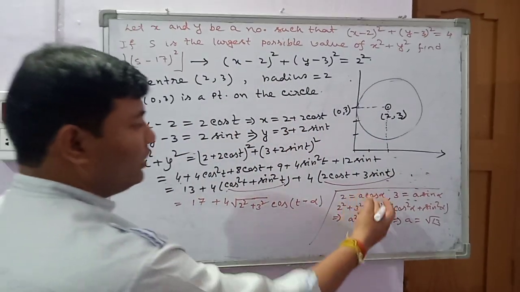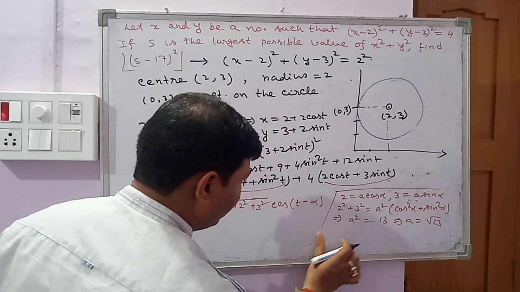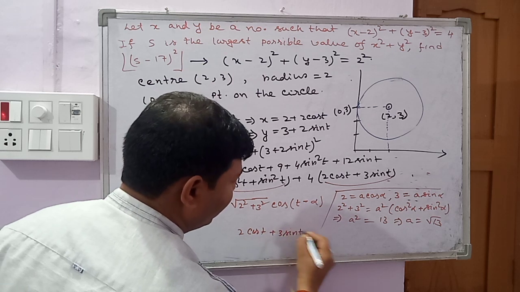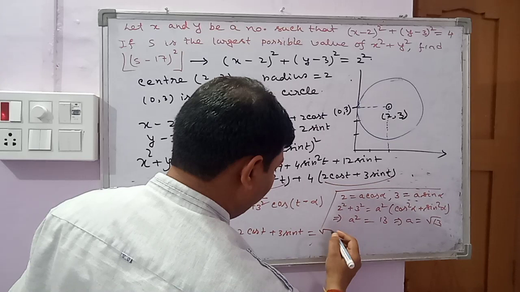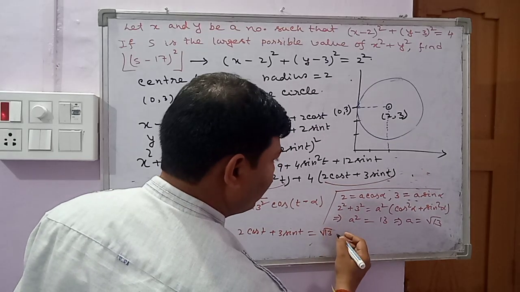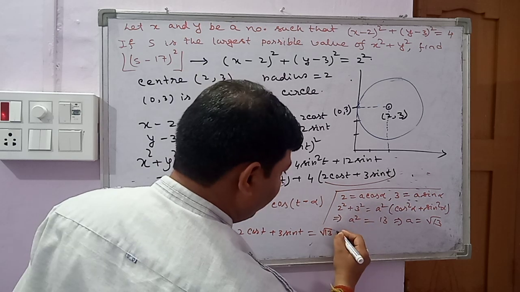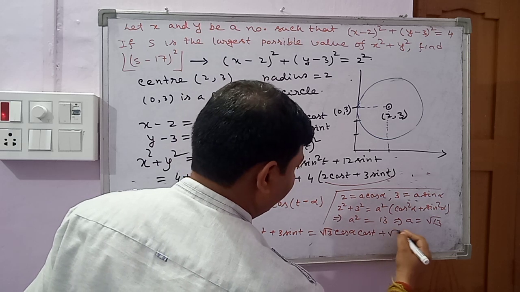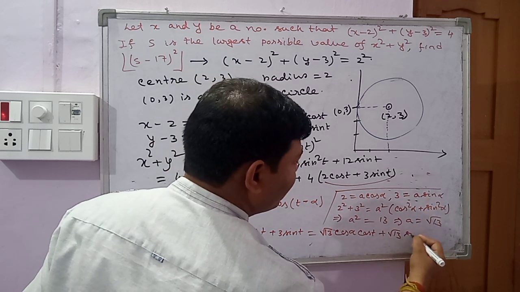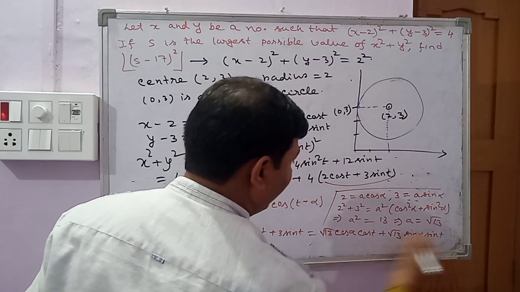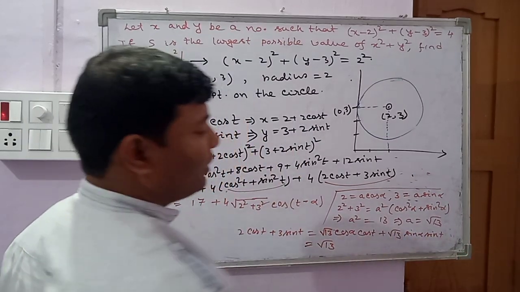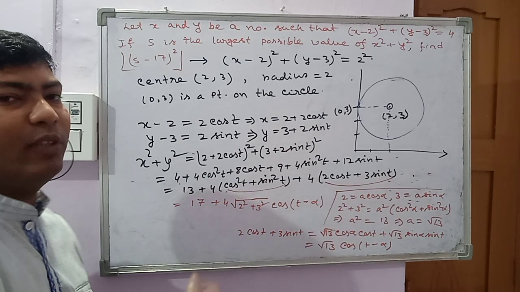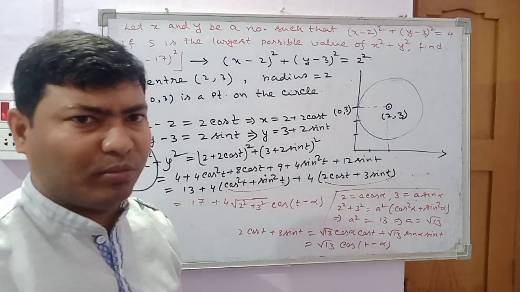Now if we put these values, 2 cos t plus 3 sin t equals under root 13 times (cos alpha cos t plus sin alpha sin t), and this is cos a cos b plus sin a sin b, so cos of (a minus b), alpha minus t or t minus alpha, we can choose any of them.